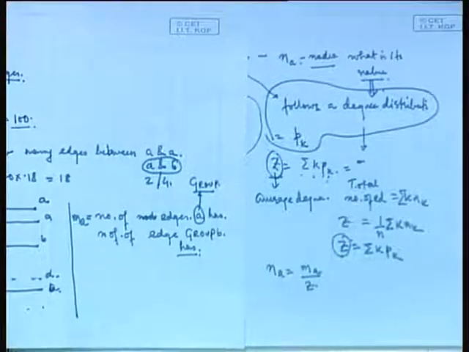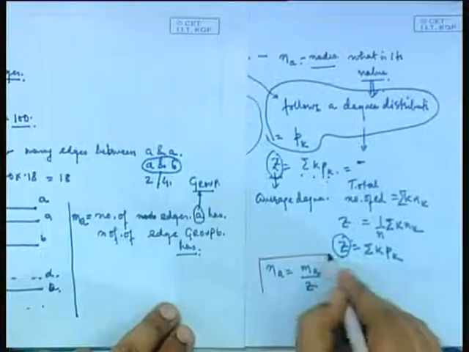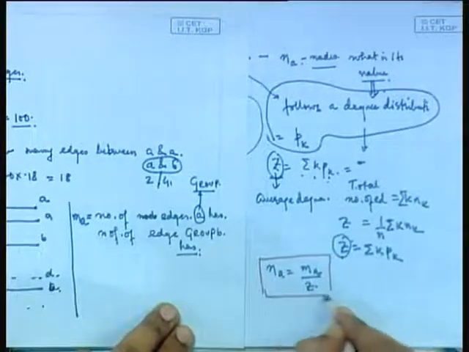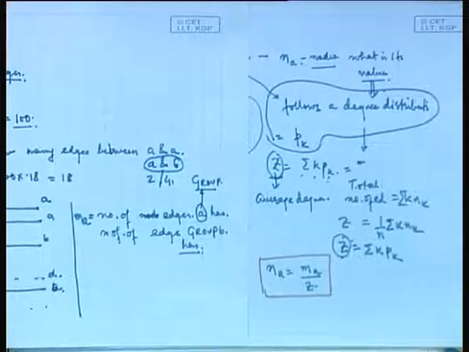You know how many edges group A has, and you know the average degree of this group. So, you know how many nodes are there. So, now what do you have? Any question? I think it's perfect.